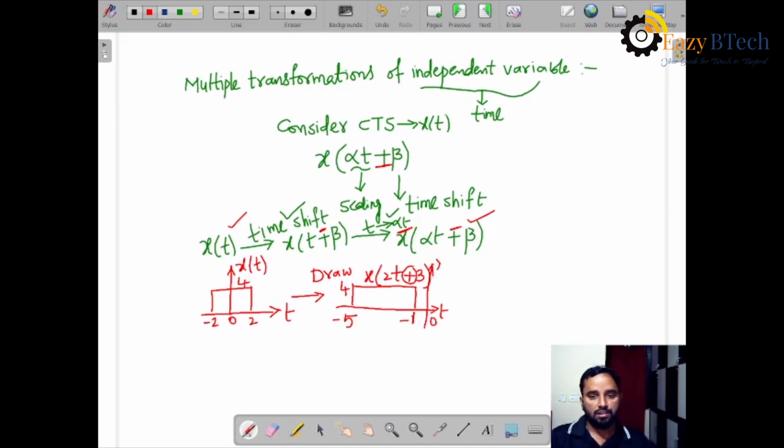So this is x of t plus 3. Time shifting is completed.